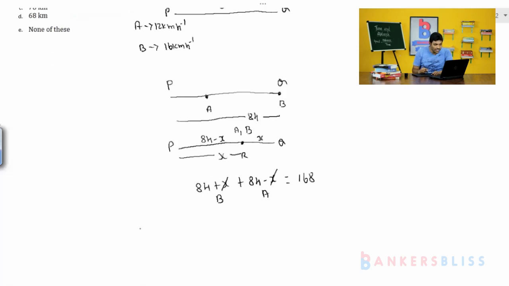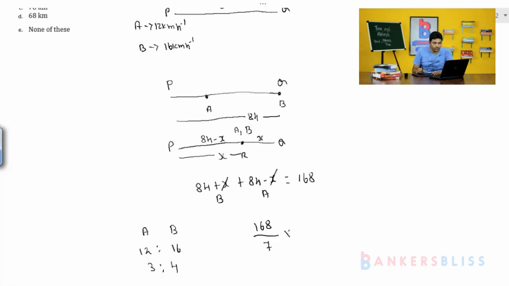And now what is the ratio between A and B? The ratio of the speed between A and B is 12:16. That can be written as 4 3s are 12, 4 4s are 16, 3:4. So 168 has to be divided in the ratio 3:4. So 3 plus 4, 7.